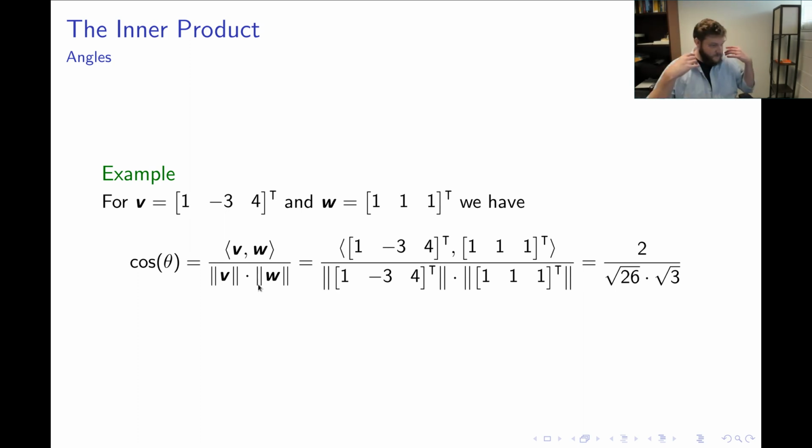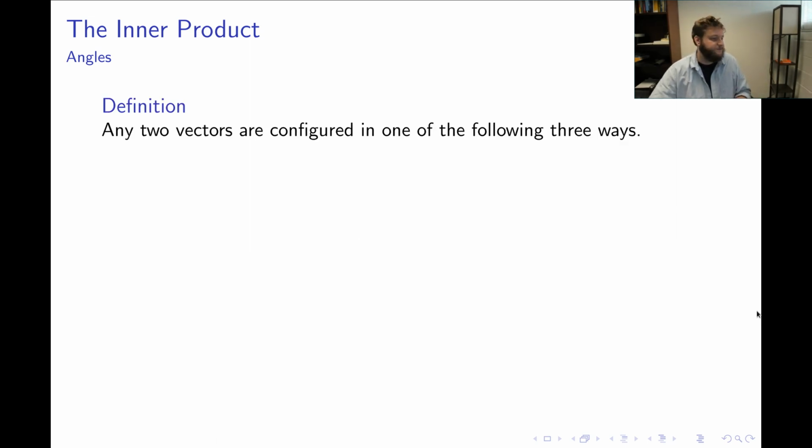Well, this distills this angle calculation down to just an inner product calculation. When I do all of my arithmetic here, I end up taking the quotient of 2 as the numerator, and then the product of root 26 and root 3 in the denominator. So that's the cosine of the angle between those two vectors.